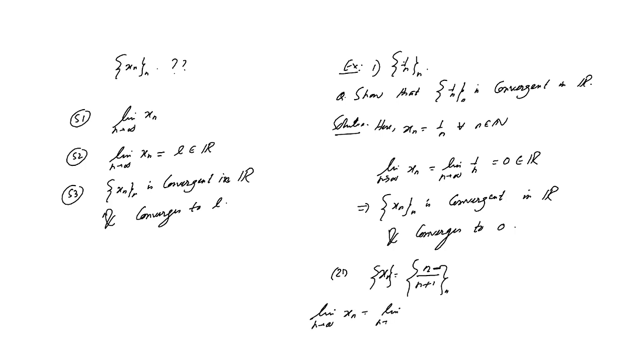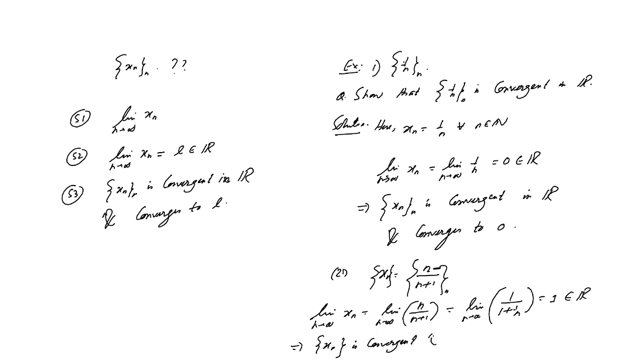That means limit n tending to infinity n by n plus 1. That means limit n tending to infinity 1 by 1 plus 1 by n, and this equals 1, and 1 is a real number. So our conclusion: the sequence xn is convergent and converges to 1.